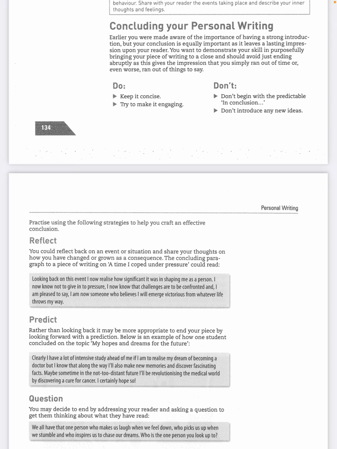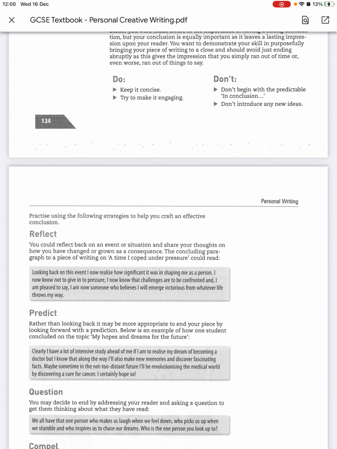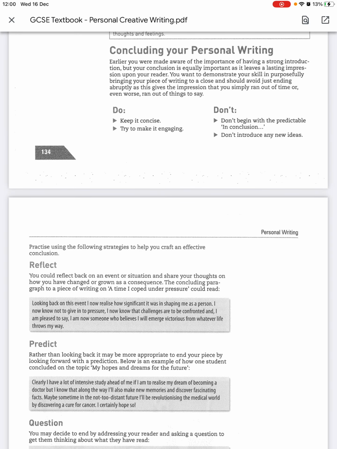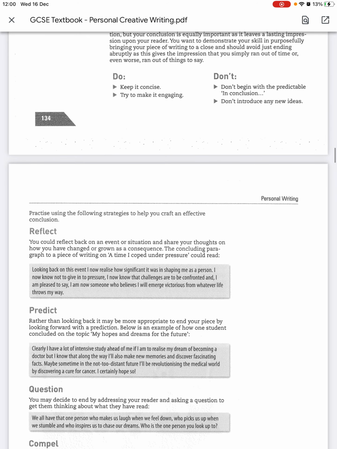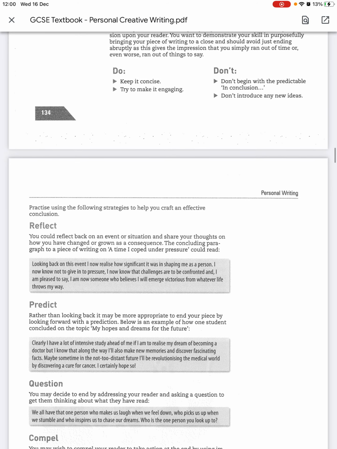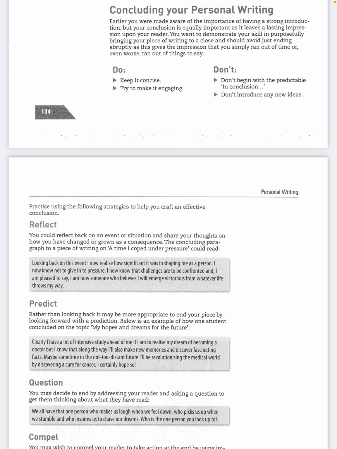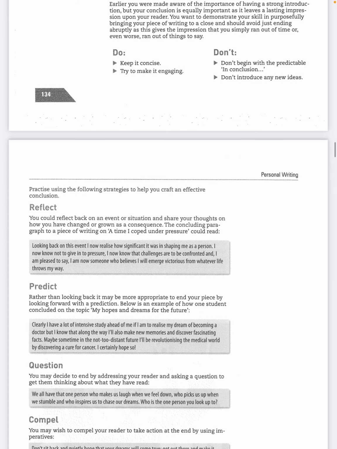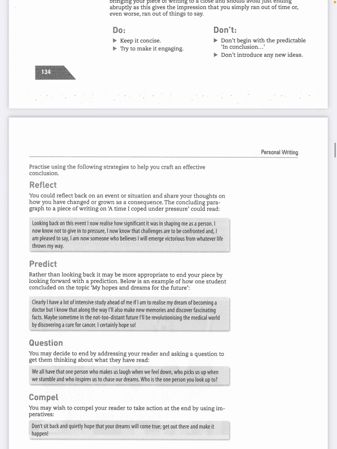Now we're going to move on here and just look at concluding your personal writing. Okay, having a strong conclusion is important. Okay, just as it is important to have a strong introduction. Okay, I'm reading this first passage at the top. Okay, but your conclusion is equally important as it leaves a lasting impression upon your reader. You want to demonstrate your skill in purposefully bringing your piece of writing to a close and should avoid just ending abruptly, as this gives the impression that you simply ran out of time, or even worse, ran out of things to say.